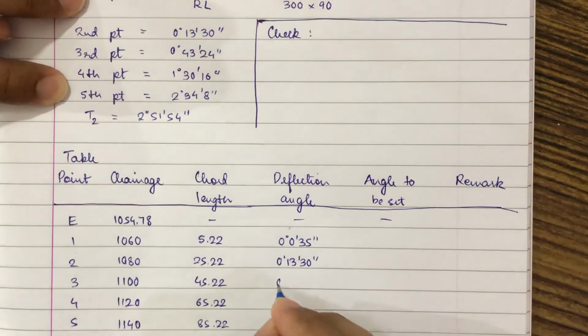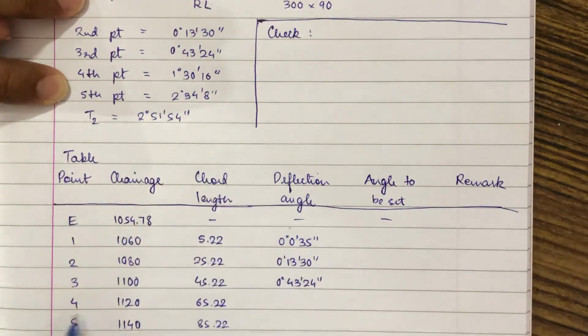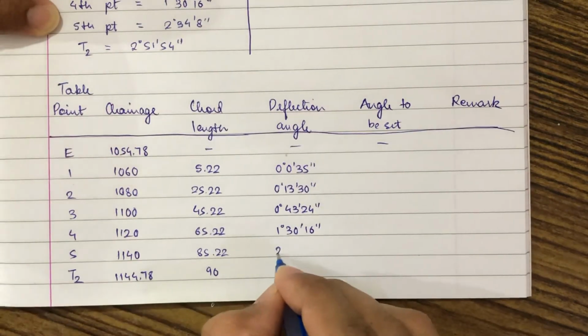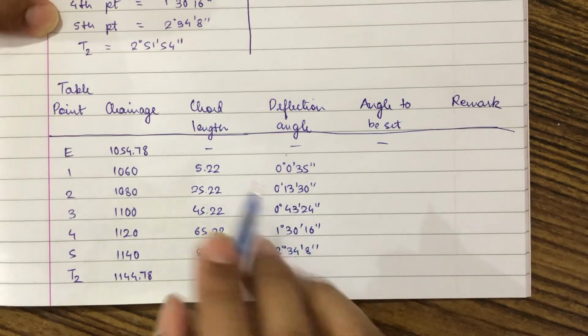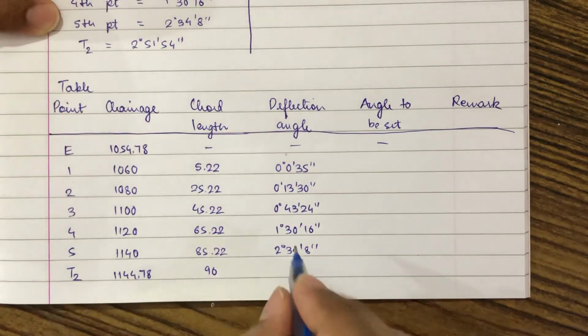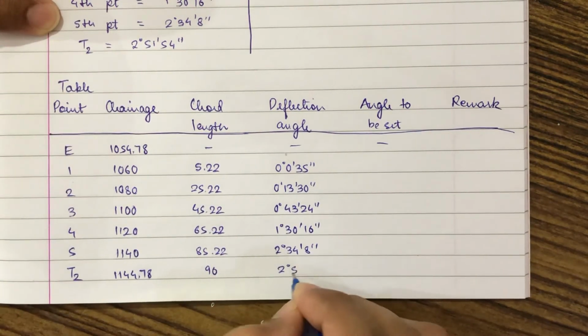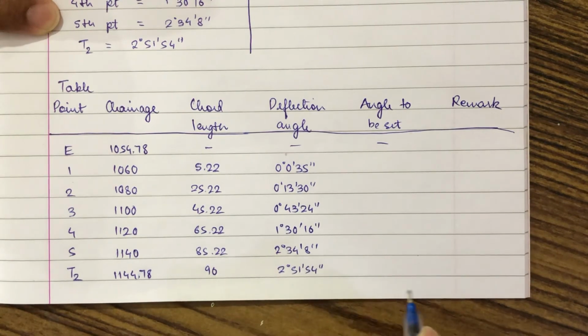For the third point it is 0 degree, 43 minute, 24 seconds. For the fourth point it is 1 degree, 30 minute, 16 seconds. For the fifth point, 2 degree, 34 minute, 8 seconds. And for T2 it is 2 degree, 51 minute, 54 seconds.